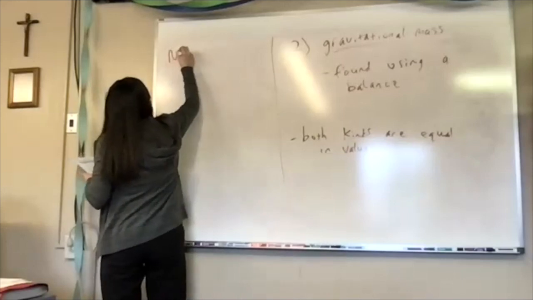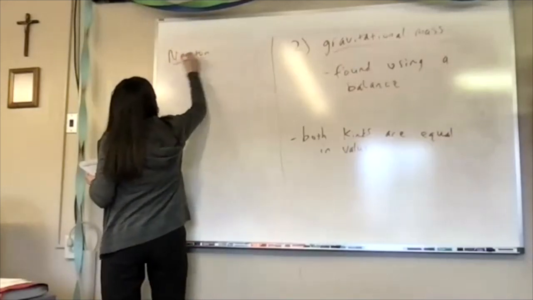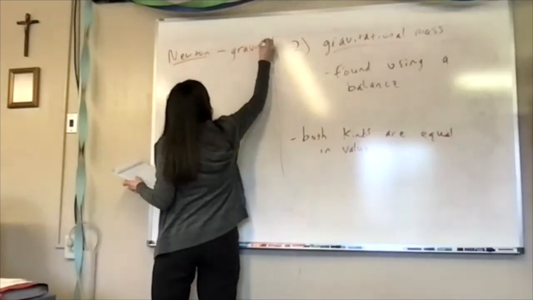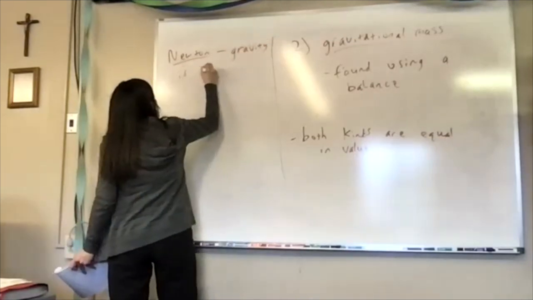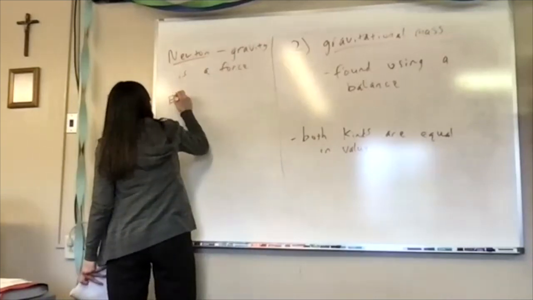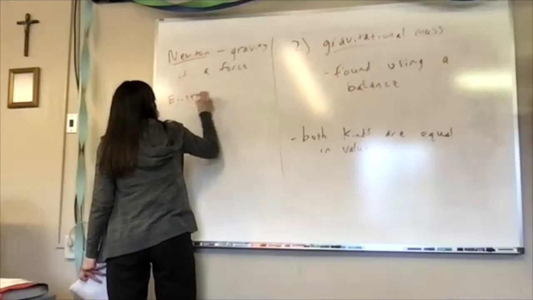So Newton said that gravity is a force, and he used an equation to measure the force of gravity. Einstein came along a little bit later, and he did not agree with Newton.